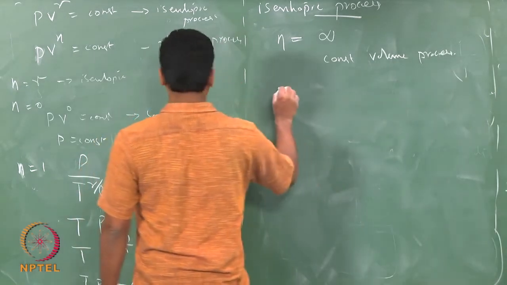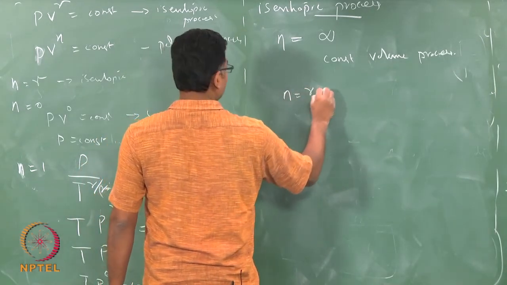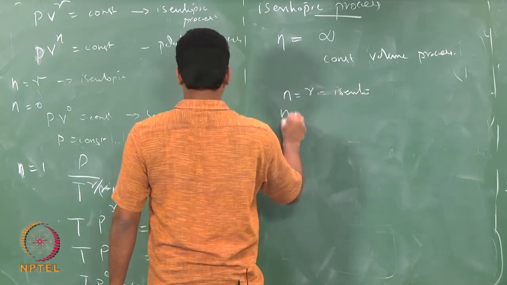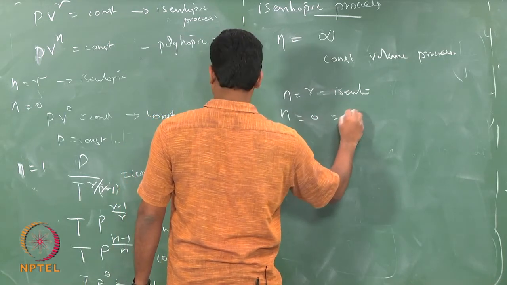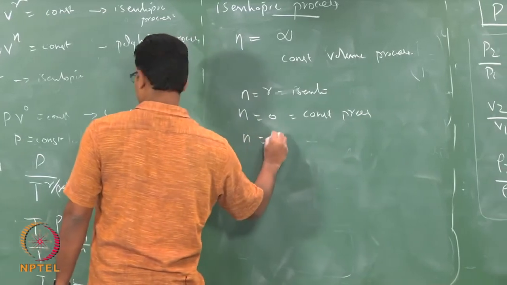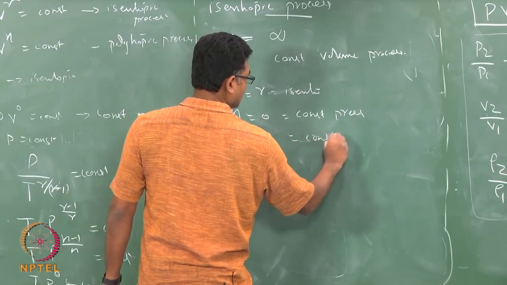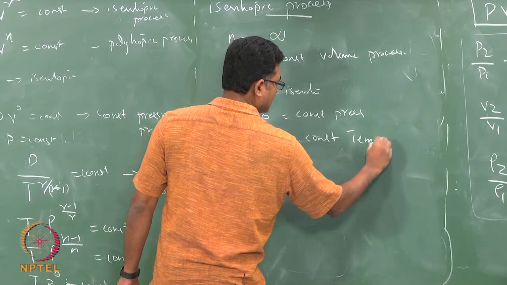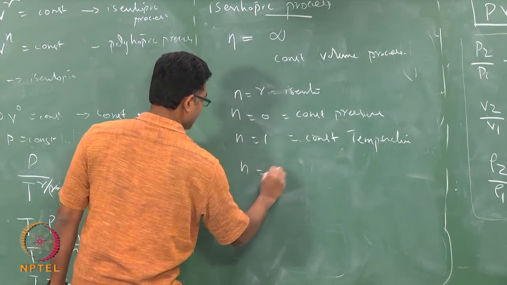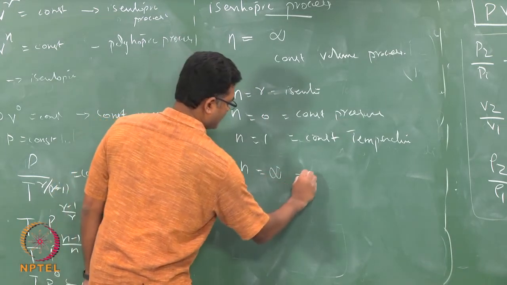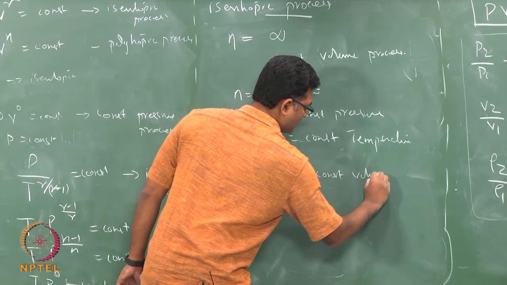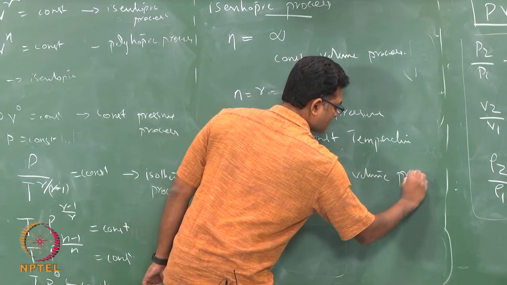So n equals gamma is isentropic, n equals 0 is constant pressure process, n equals 1 is constant temperature process, n equals infinity is constant volume process.